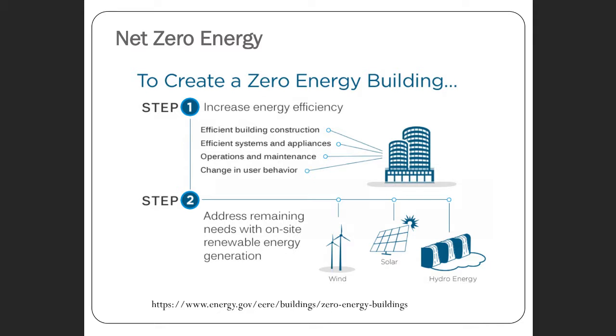We have to dramatically improve the energy efficiency of all the building systems, by the shape and size, the construction of components, the details of the building envelope, operations and maintenance. And then once we do that, we have the ability to address those remaining needs with renewables, on-site potentially or off-site as well.